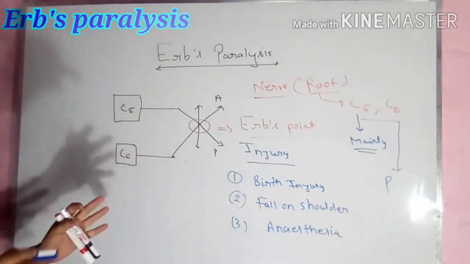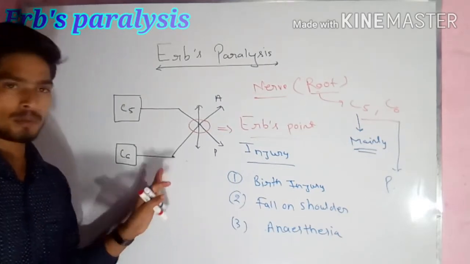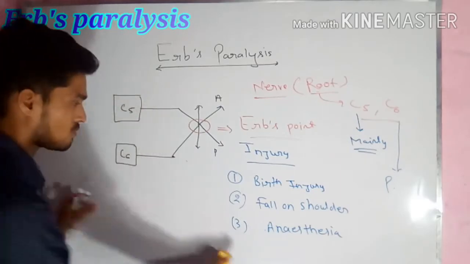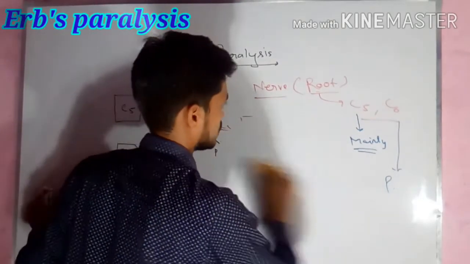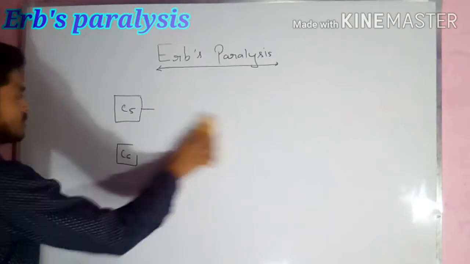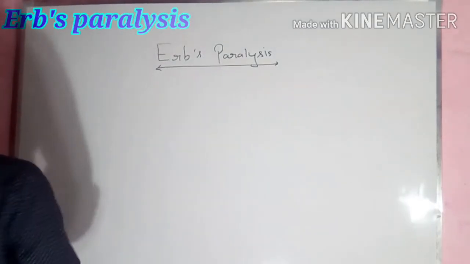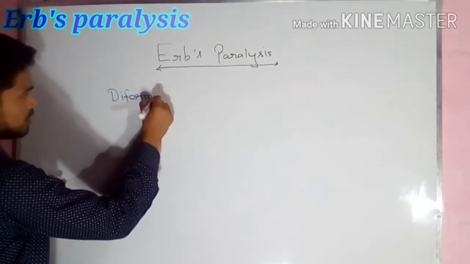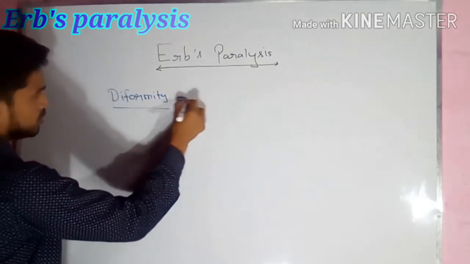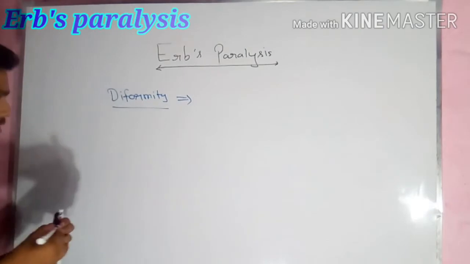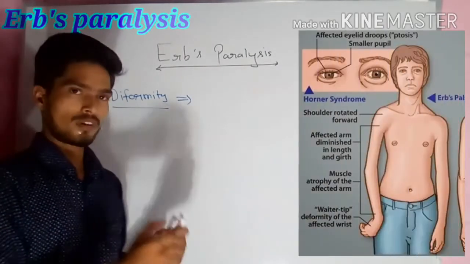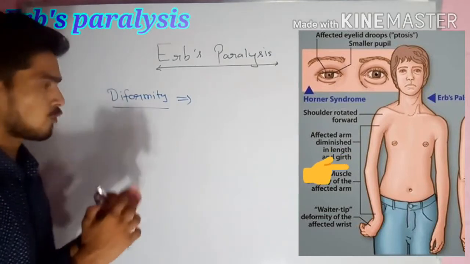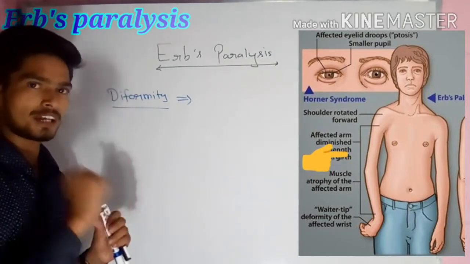And now we have to discuss the deformity of this Erb's paralysis. Okay, so what is the deformity? First of all, in the deformity, our arm hangs by the side of the body, and the forearm is extended and pronated, and medially rotated.